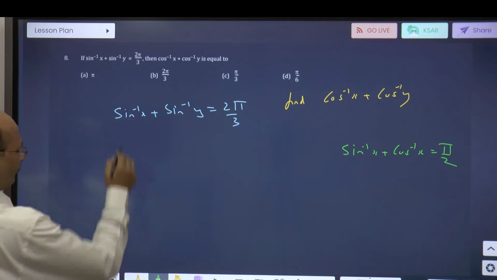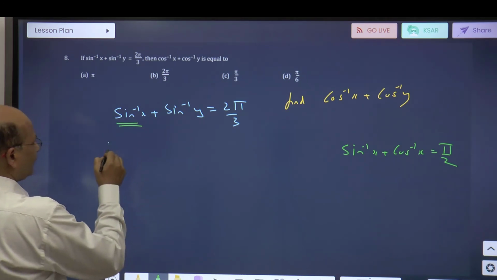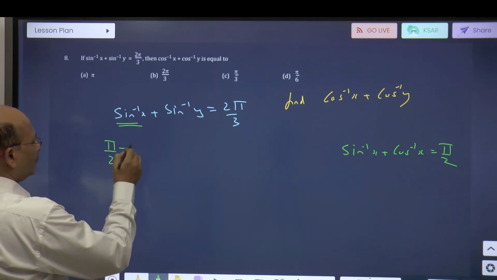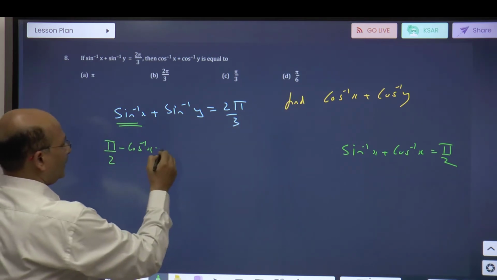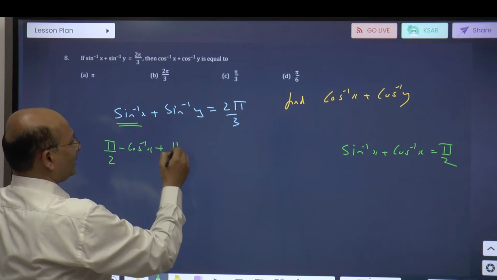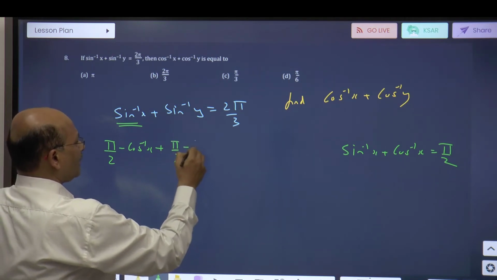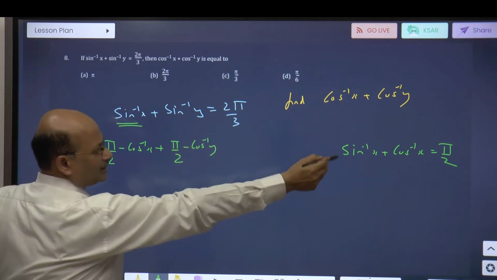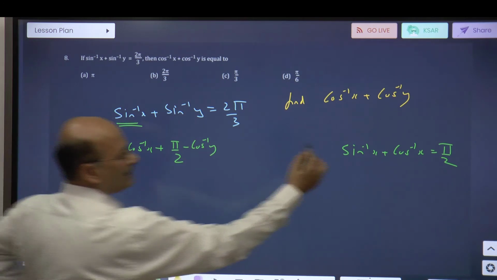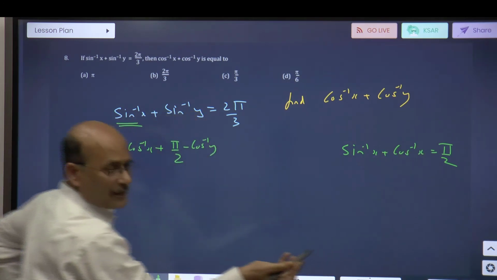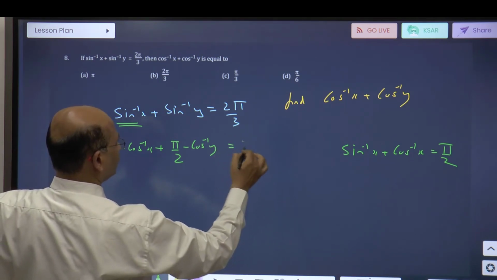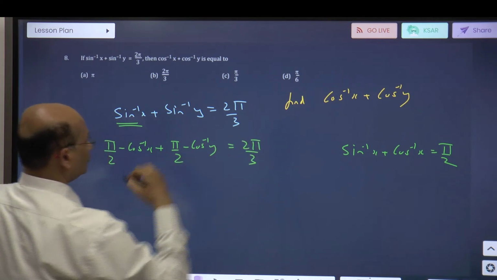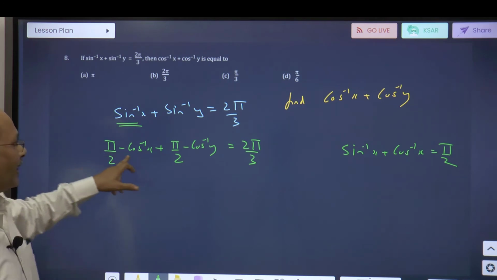So from here, sine inverse x I can write as pi by 2 minus cos inverse x, plus similarly sine inverse y I can write as pi by 2 minus cos inverse y, from the standard formula. Sin inverse y plus cos inverse y is also pi by 2, no? Which is equal to 2 pi by 3. This they are asking, cos inverse.